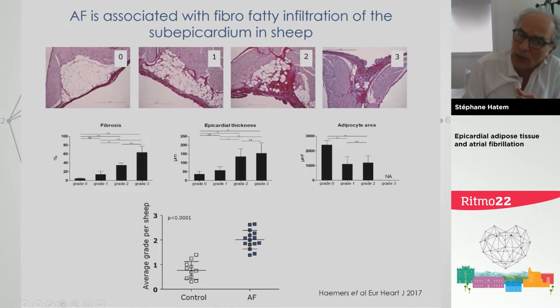We have been able, with Peter Anner from Leuven, and also Professor Halife, to show that when you develop permanent AF in a sheep model, this adipose infiltration is indeed replaced by fibrosis, together with other modifications of this epicardial area. So it looks like there is a clear crosstalk between this fat, fibrosis and the presence of atrial fibrillation.